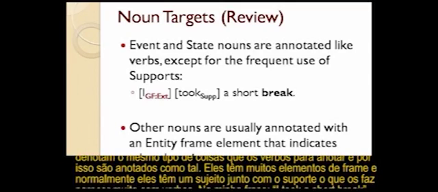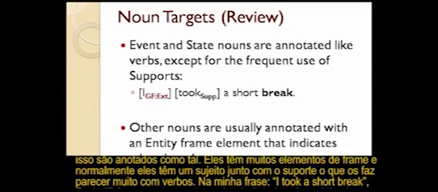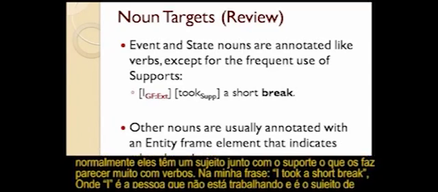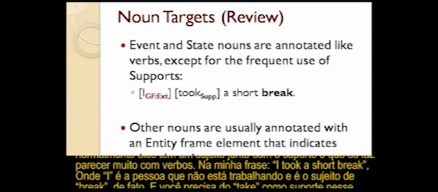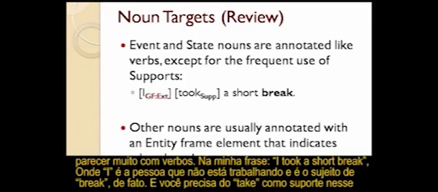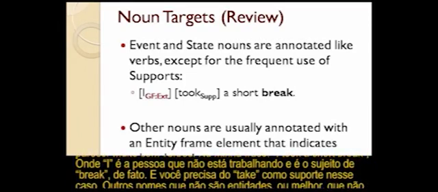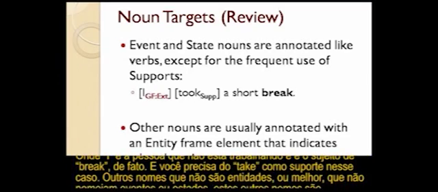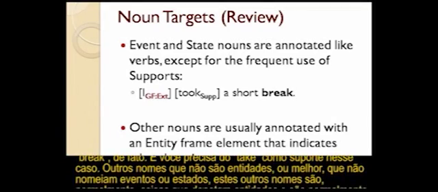They usually have plenty of frame elements, and they often have a subject along with a support, and it really ends up looking the same as verbs. So I took a short break, where I am the person who is not working, and I'm the subject of break, effectively. You need take as your support in that case.